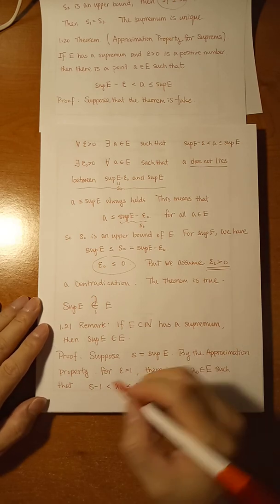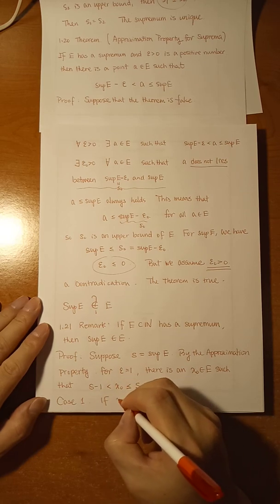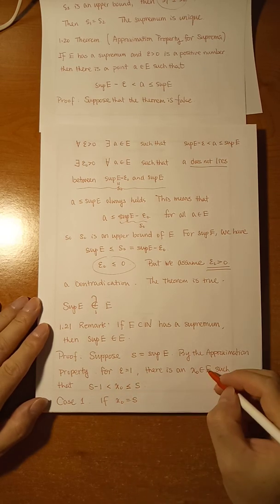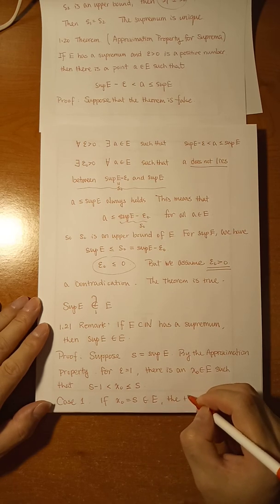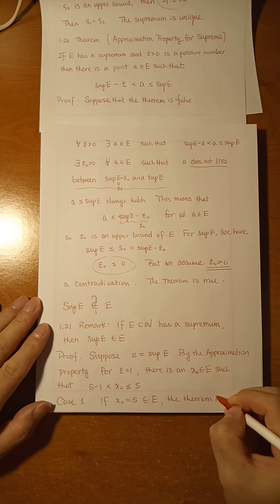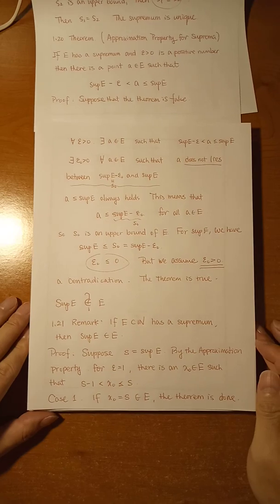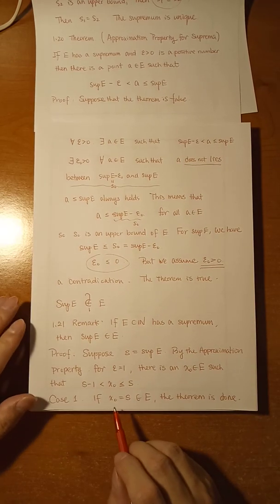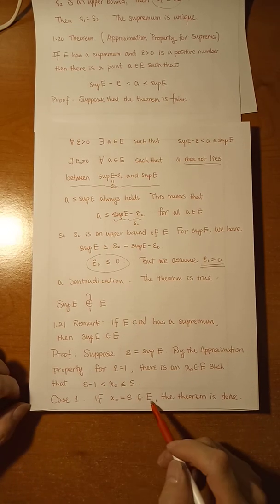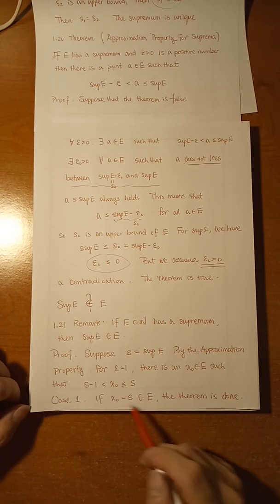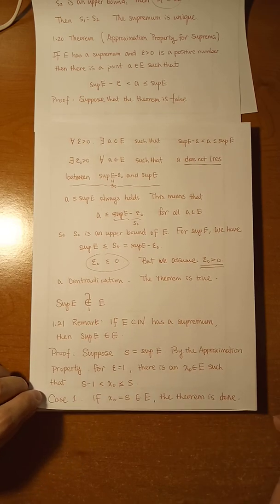Well, let's see. Case 1: if this x0 is equal to the supremum, x0 is in E, and the theorem is done. If it happens to be x0, then there is nothing you need to prove. You just want to show the supremum belongs to E. Here, the supremum is x0. x0 belongs to E, so the supremum belongs to E. This is the best case.